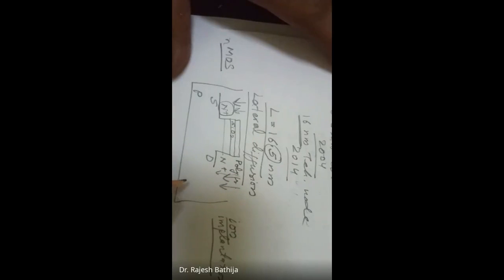Initially they will reach here and there will be a transversal diffusion, which is the diffusion in the direction of the force. And after some time, a lateral diffusion will take place, that is, the ions will move in this direction.